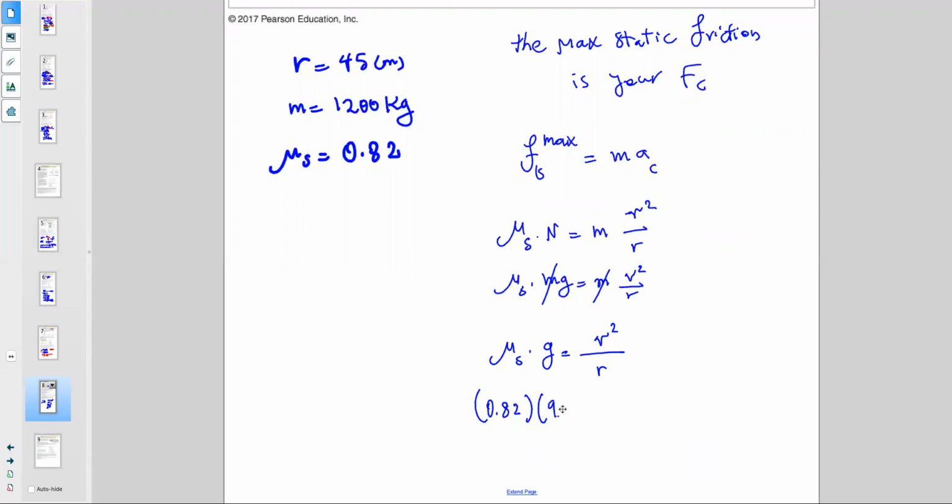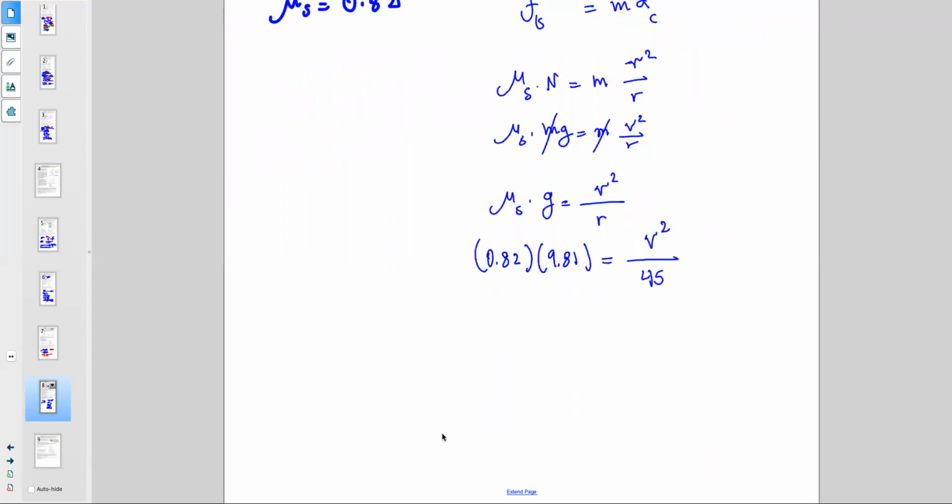G is 9.81. V squared is v squared. R is 45 meters. And in order to find the v squared, I have to multiply 45 with 0.82 and 9.81.